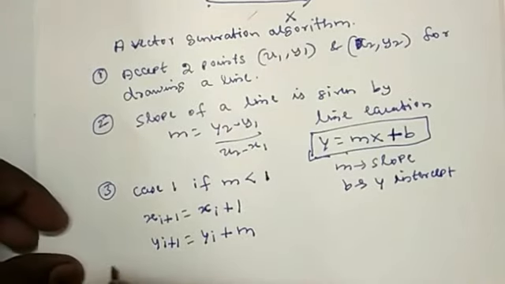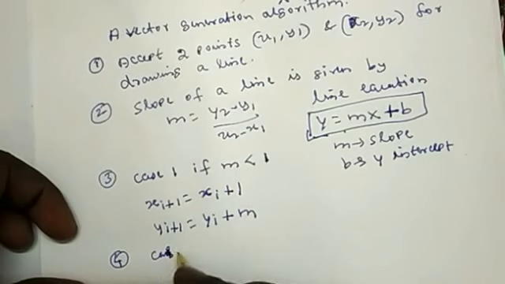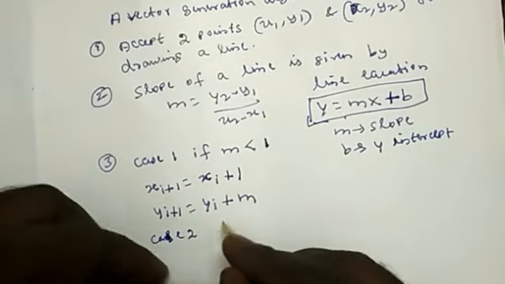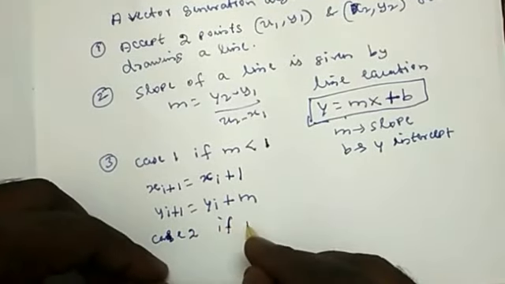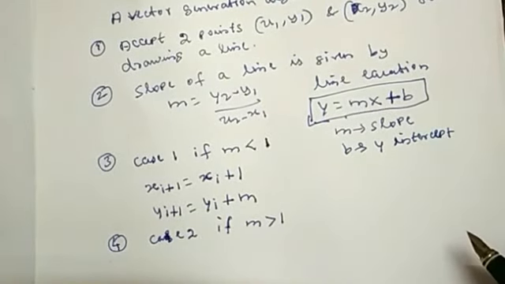Suppose the case is the other way around. In case 2, if the m value is greater than 1, that means the difference of y is greater than the difference of x.